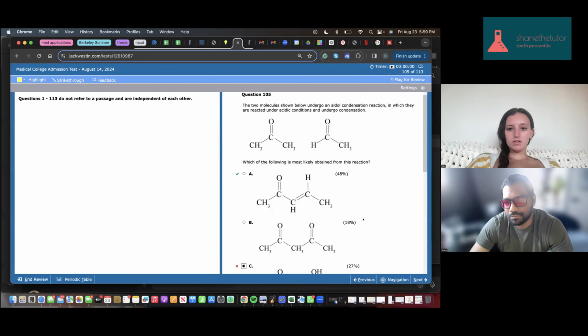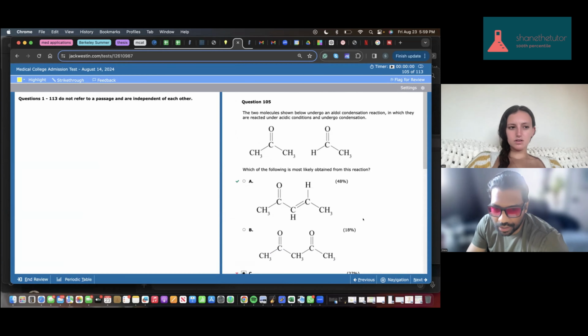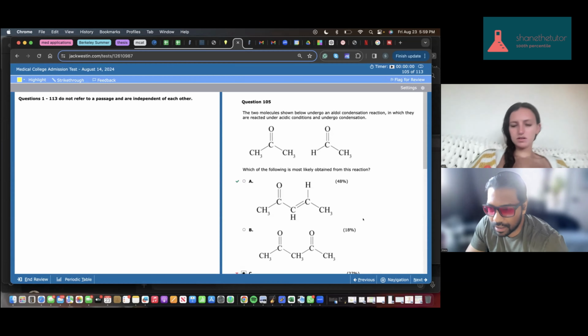Condensation would add H2O back. In general, condensation would be like dehydration synthesis, but aldol condensation is its own thing. It's kind of annoying, I've never heard of it, in all honesty, but we have to know it.